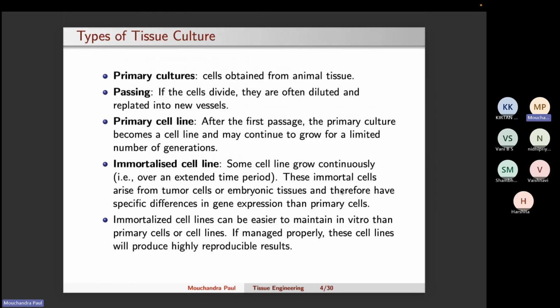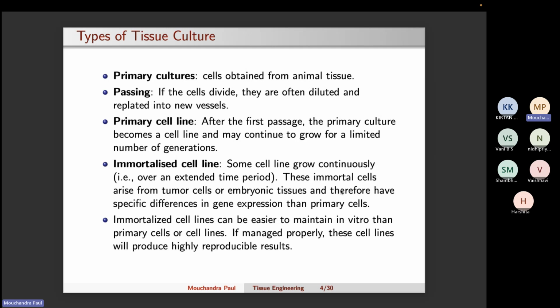So there are a few types of tissue cultures. First is the primary culture. Primary cultures refer to those cells that are directly isolated from the body, either animal or human, like directly from animal tissue. That is primary culture. Then you seed it on a substrate.